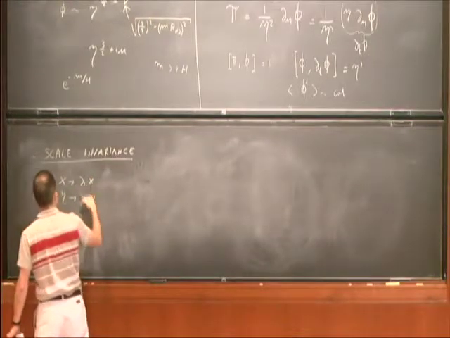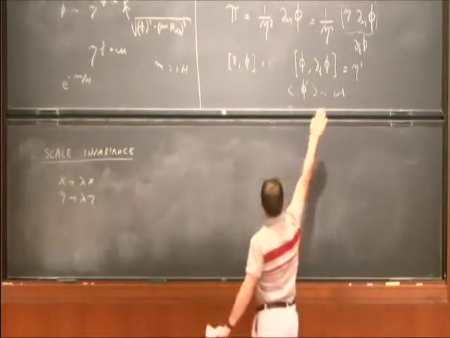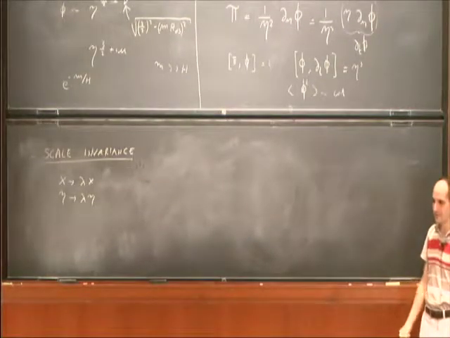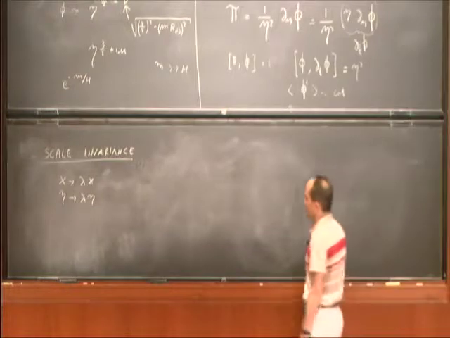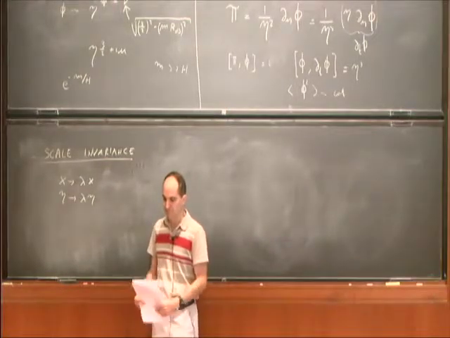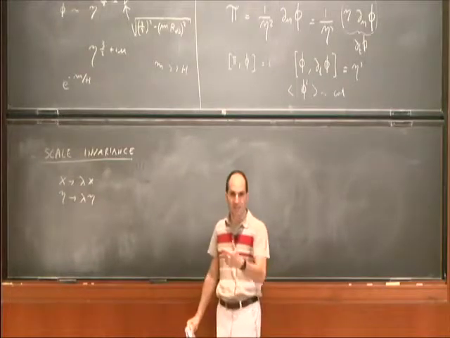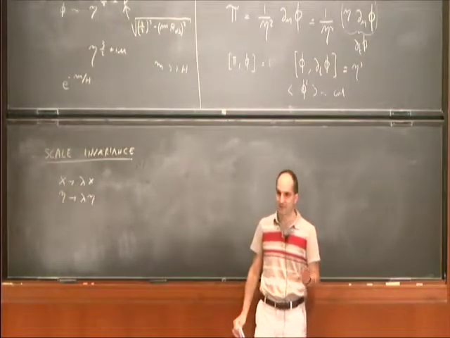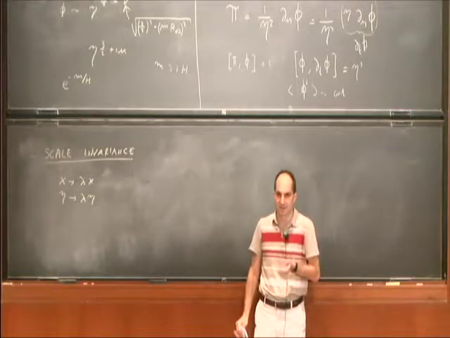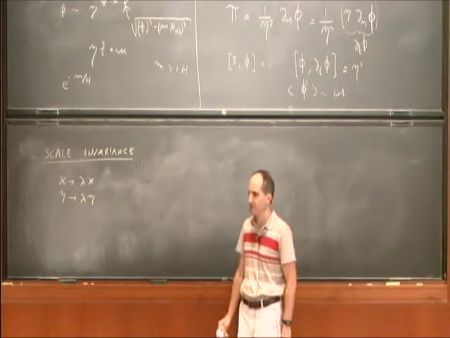If we make that change, the top part gets multiplied by lambda squared, and so does the bottom part, so the metric remains invariant. This is nothing else than the time translation symmetry of de Sitter space that we see in the static patch. So in the static patch set of coordinates, that time translation symmetry is essentially this symmetry.